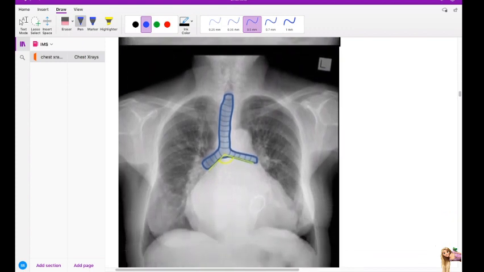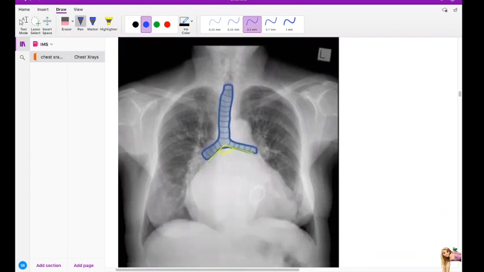This is a situation in which the carinal angle, which is the bifurcation of the trachea, is more than 90 degrees. Can you tell me some condition in which you'll see that the carinal angle will be more than 90 degrees? I don't know about pleural effusion. Maybe. More obvious answers.